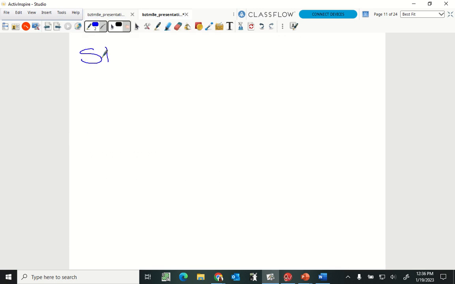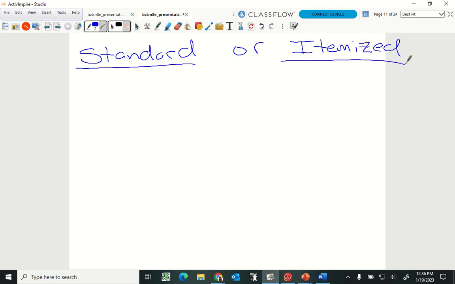Standard deduction, or itemize. Standard deduction, he had 12,550. Okay, that's the standard deduction.